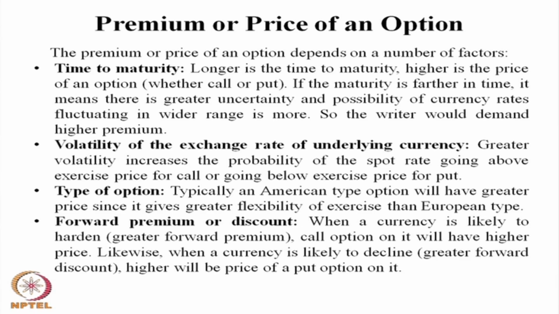So the primary aspects are the time of maturity, the volatility of the underlying asset, and, in the case of currency, whether it is at a forward premium or discount. On that basis the premium for the option is decided.